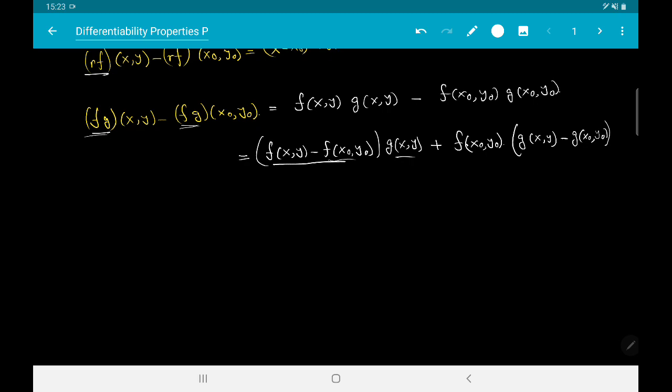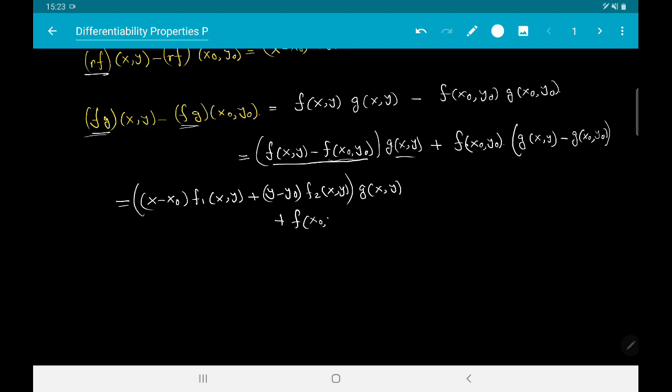I can now write this as x minus x0 times f1(x,y) plus y minus y0 times f2(x,y). This is only a matter of bookkeeping, but I chose to do this because I wanted you to see how these things are done.